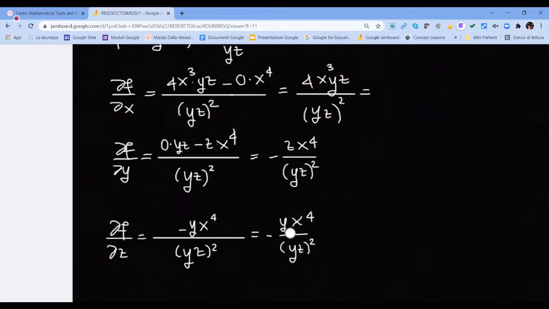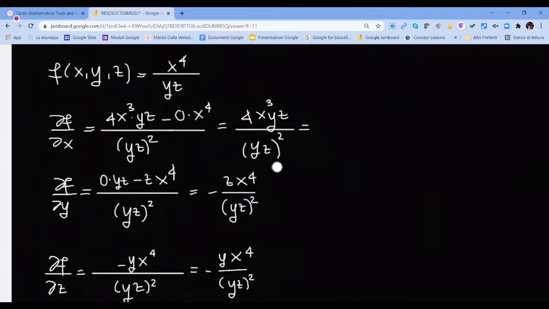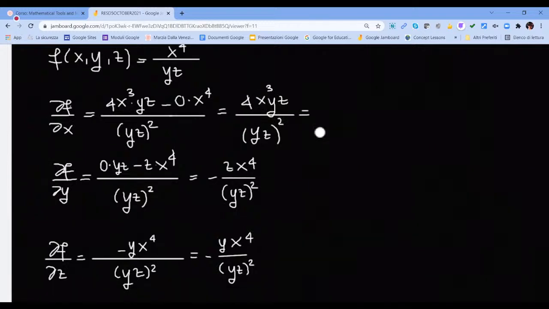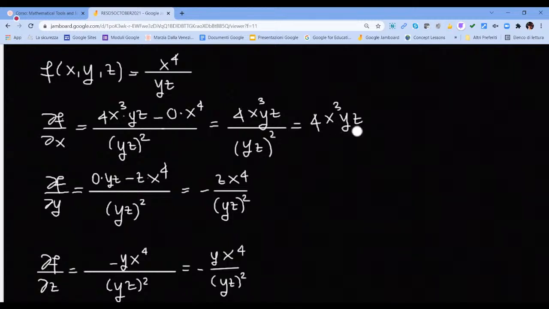Yes, thank you. I could rewrite everything by computing, by simplifying, of course, some powers, because we have y and z, for instance, over the fraction.